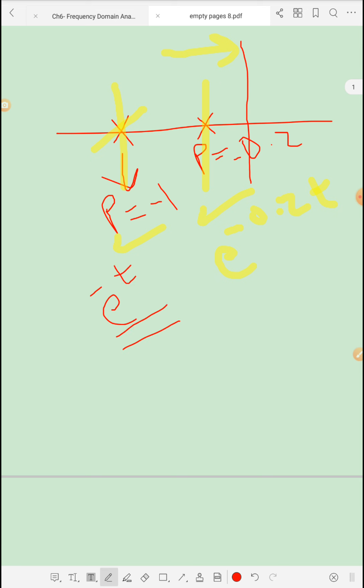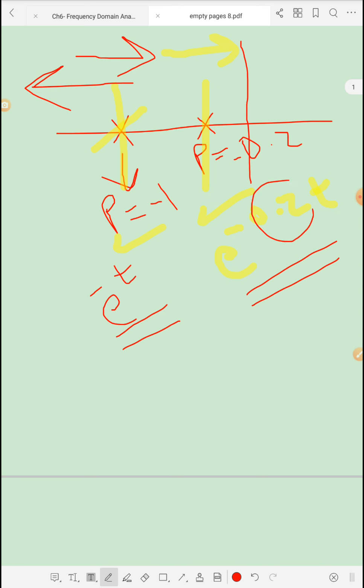So this response is faster than this response, and we know that the closer to the j omega axis, the slower the response. The farther from the j omega axis, the faster the response, due to the exponent value.